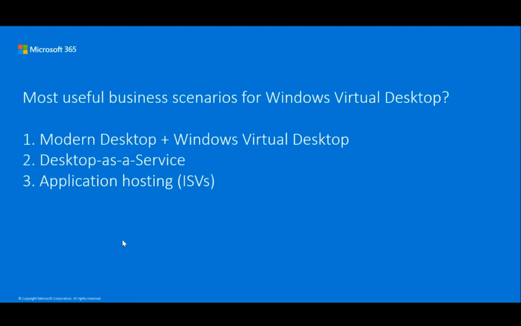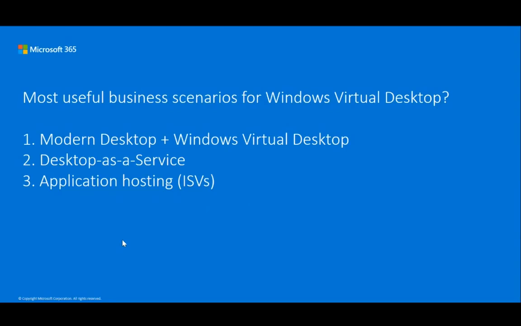So why do businesses use Windows Virtual Desktop? It's a modern desktop that is available, which is virtual. You can use it as a DaaS, which is desktop as a service, where you get your Office, your security, your patching, your updates, and users can access it from any device anywhere seamlessly. And ISVs can host their applications on it as well.